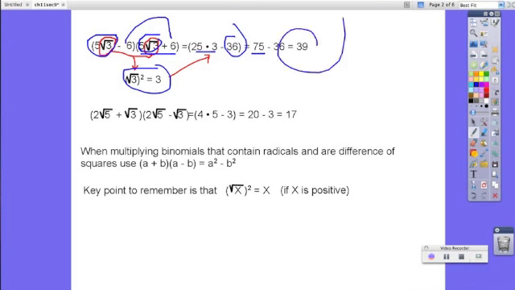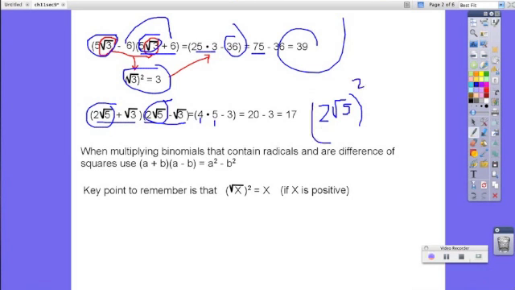Let's look at another one. 2 times the square root of 5 plus 3, times 2 times the square root of 5 minus square root of 3. 2 times the square root of 5 times 2 square root of 5 is 4 times 5. Don't forget that you've got to square the 2 also, because this is actually telling you 2 square root of 5, and the whole thing is squared, remember.